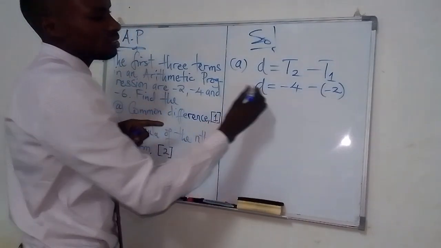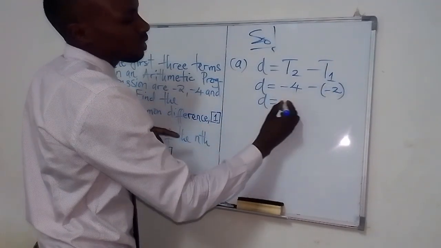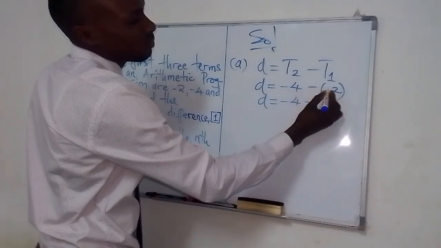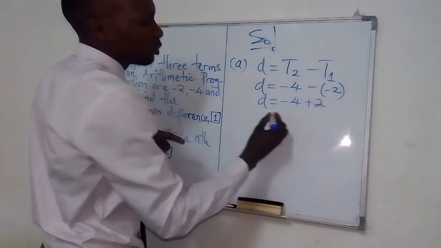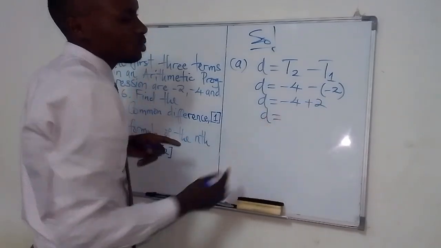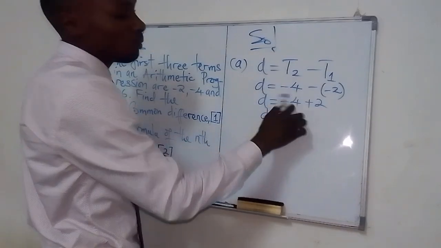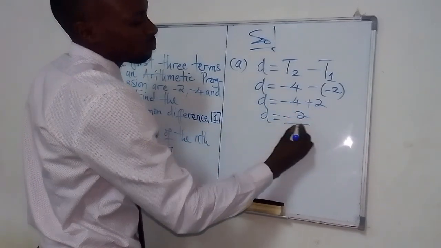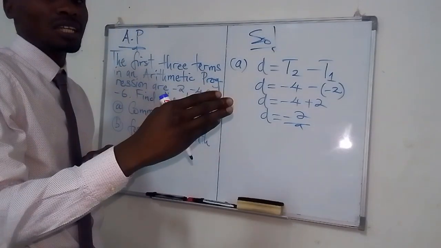We can actually multiply those signs there. So -4 plus, because negative times negative gives plus, then 2. D equals -4 plus 2. Keep the sign of the larger number, negative, and then subtract these two, which will give you -2. So this means that the common difference is -2.